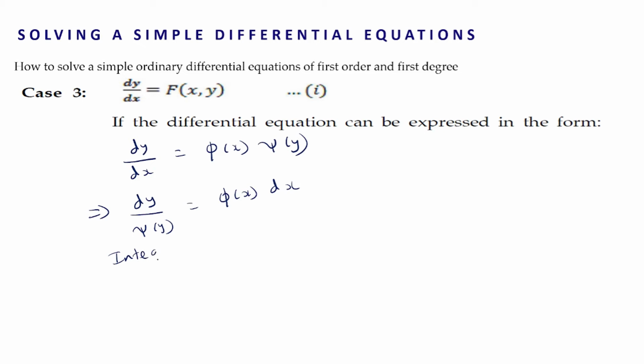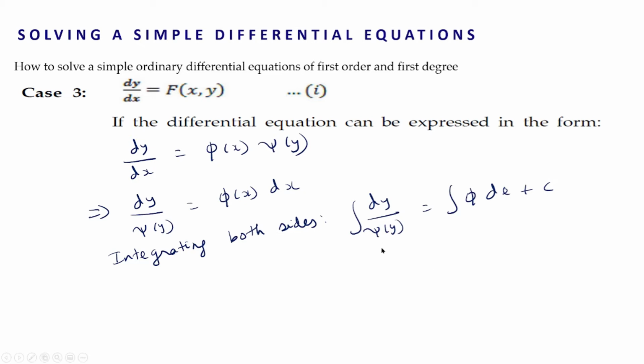On integrating both sides, we get integral dy upon psi of y equal to integral phi of x dx plus c. Using integration, we can integrate this function and this function, and we can find the solution of the given differential equation. Here c is an arbitrary constant. So these are the different ways in which we can solve the given differential equation if it is of different functions of x and y.